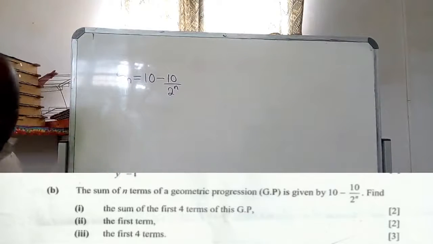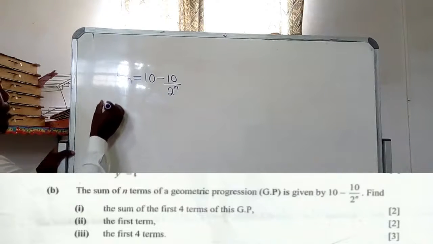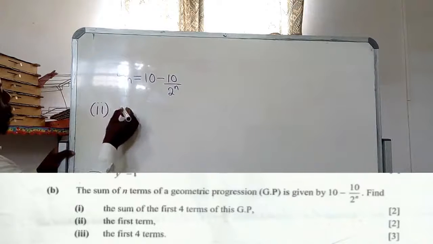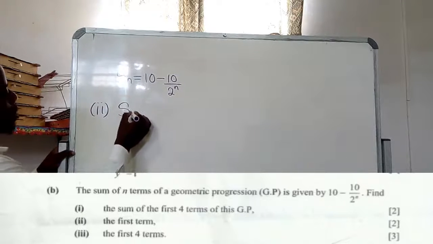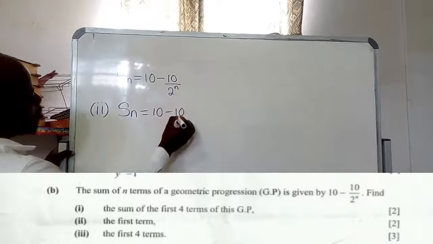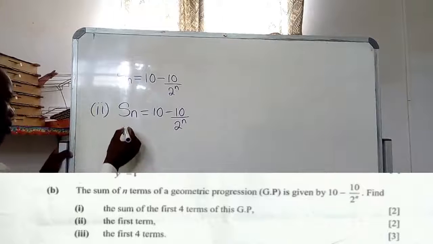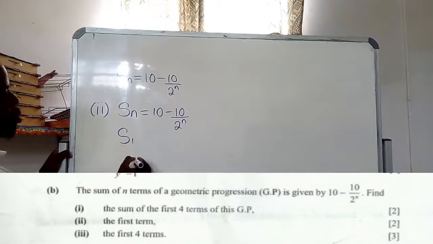For question 2, we have been asked to find the first term. In order for us to find it, we use the same formula. Since it's the first term, on n we put 1.